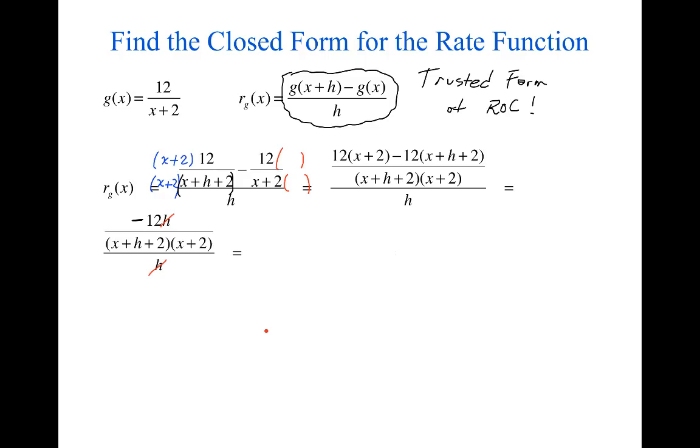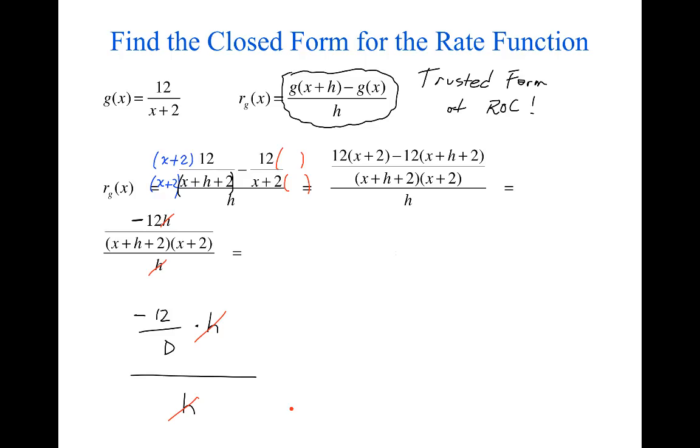That's okay, because we could rewrite that as negative 12 over that denominator, all times h. It's the same thing. So that's equivalent to what I have there, and the h's still can go away, h over h.